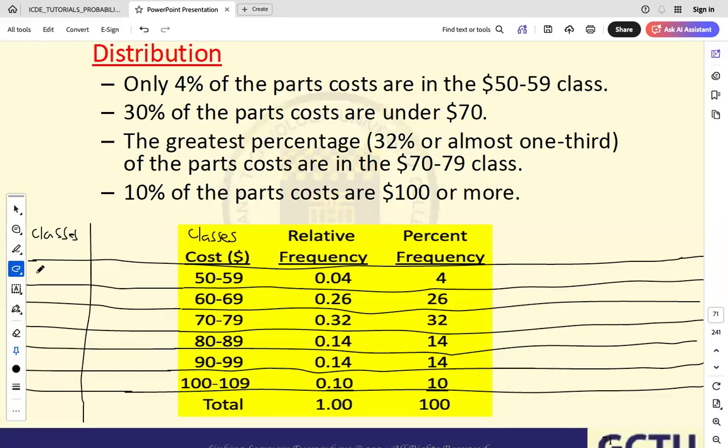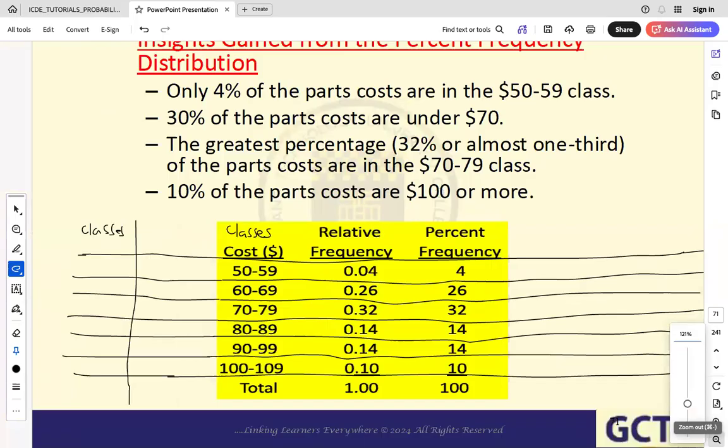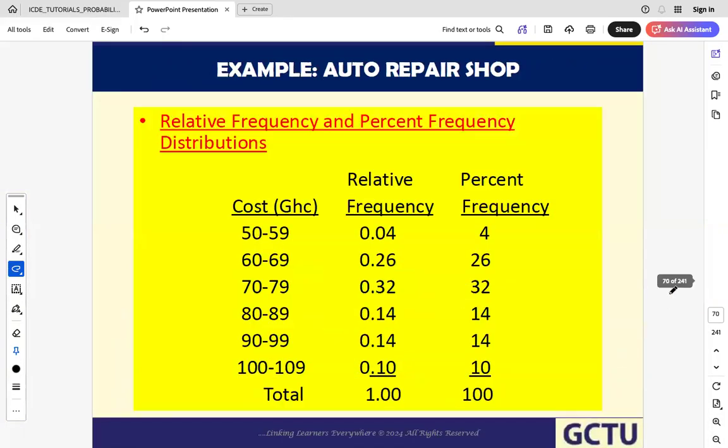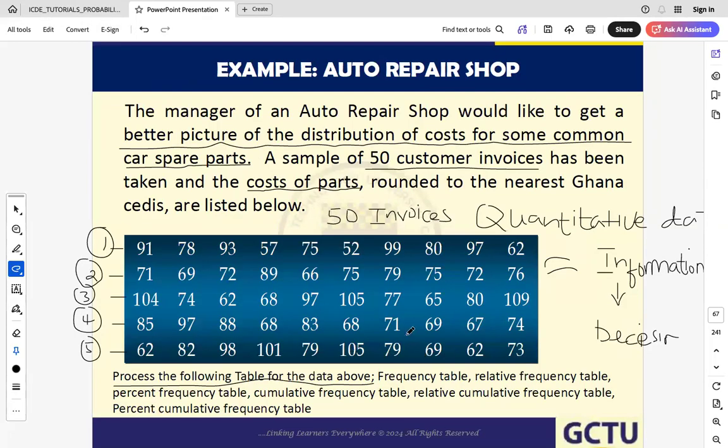So for the classes, if you look at the spare parts cost from the question, you first of all target the least number. The least number is 52. And then the highest number is 105. So how do you form your classes? 52 means that we should start in the 50s. Yeah, 109, sir, the highest is 109. 109, thank you.